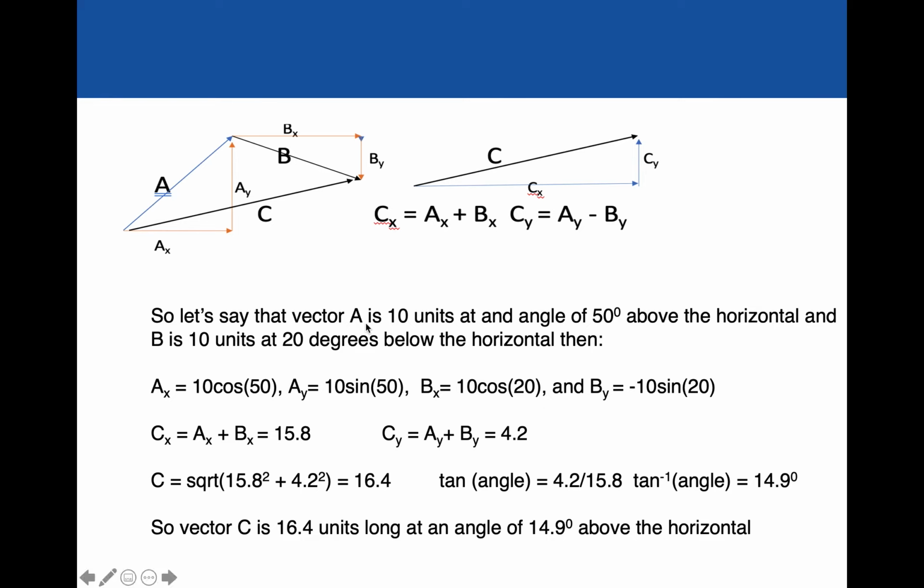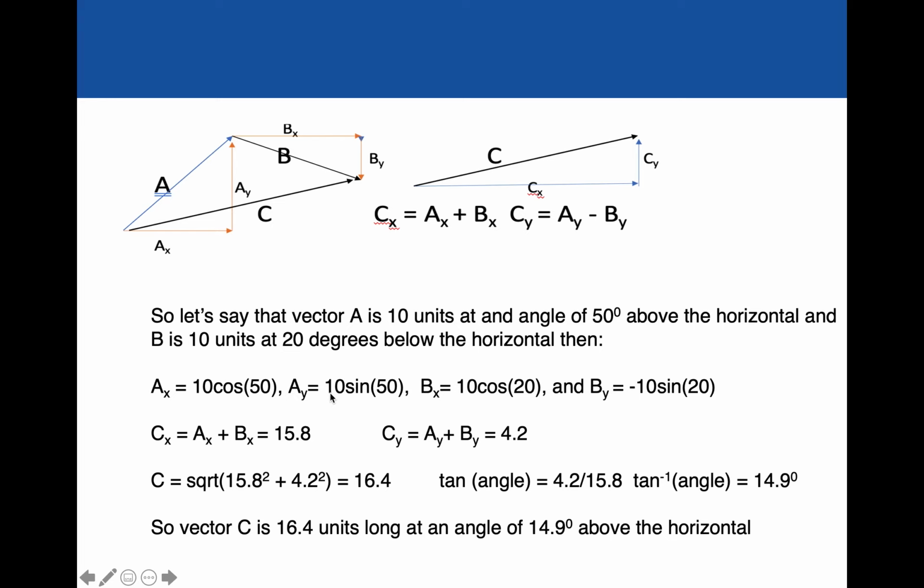Basically, let's say vector A is 10 units, and it's at an angle 50 degrees above the horizontal. And vector B is also 10 units, but it's at 20 degrees below the horizontal. Okay? So I can just calculate ax equals a cosine theta, just 10 cosine 50.